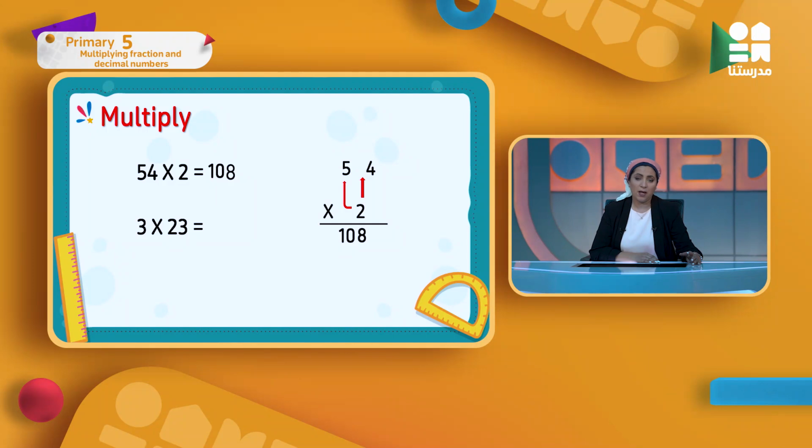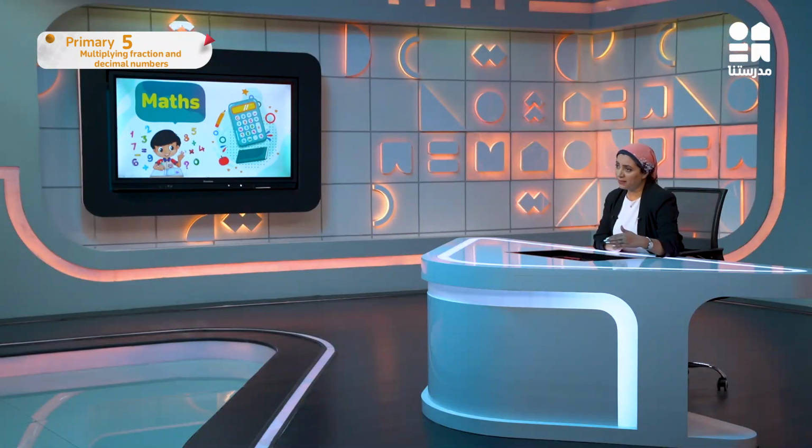Now another example, 3 times 23, but this one is written horizontally. Horizontally, meaning on the same line, not on top of each other. So here again I have to remember all the time that I have to put the tens and the units on top of every digit.